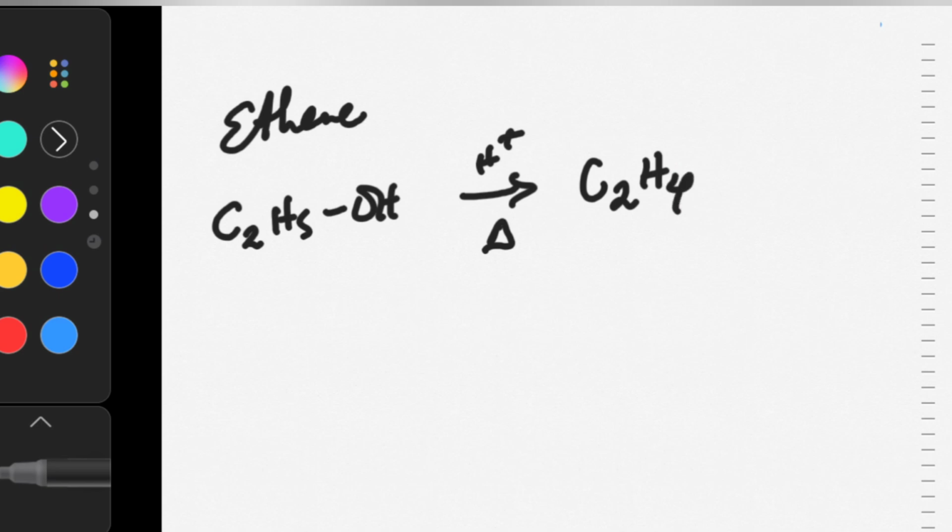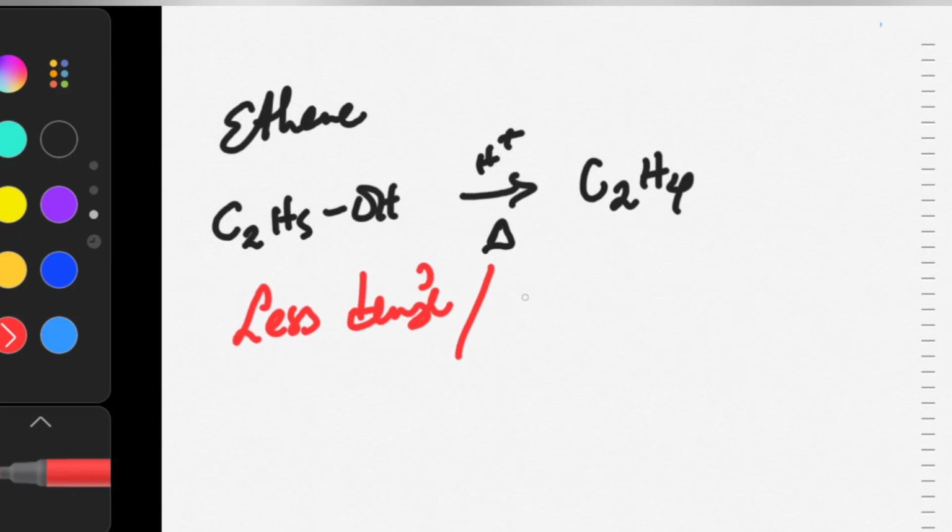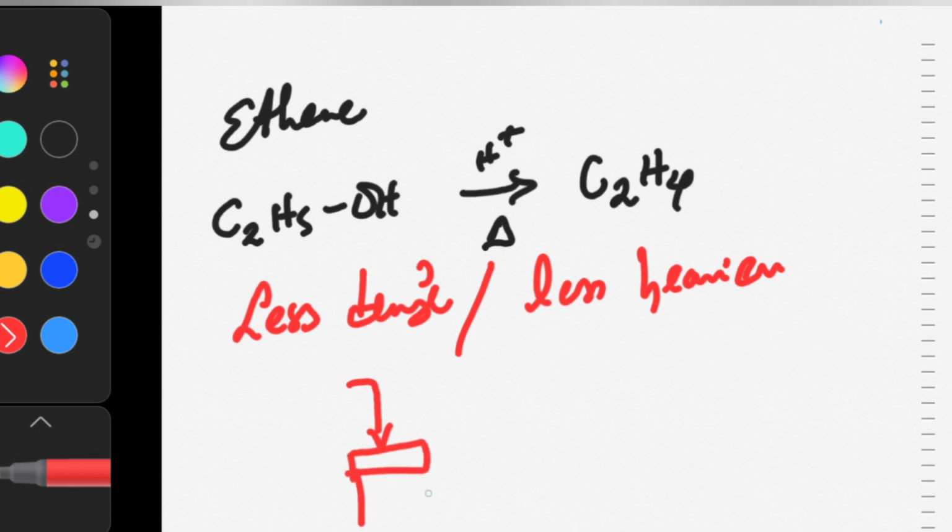It gave you ethene, C2H4. All right, so ethene gas is less dense, meaning that it is less heavy than water, and that is why it is collected by downward displacement over water.